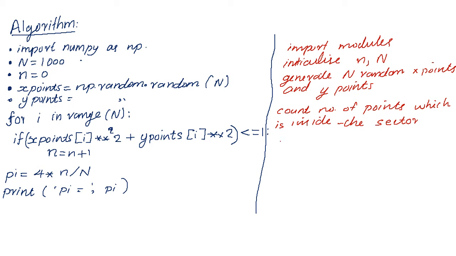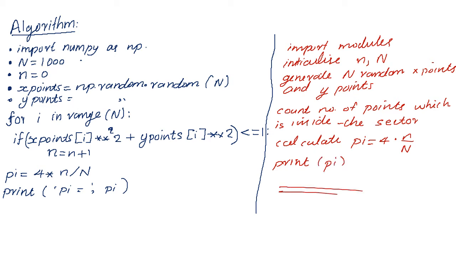Then calculate pi as 4 into small n by capital N. Then print pi. So these are the steps involved.